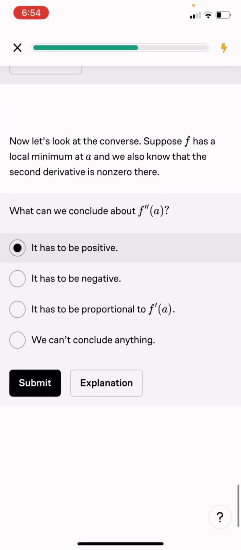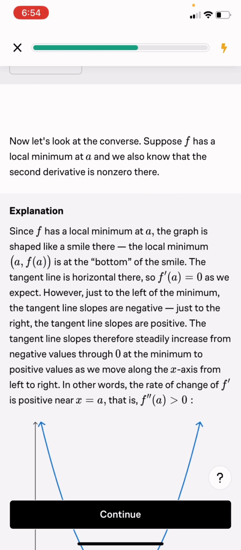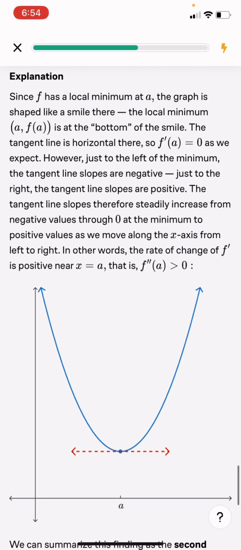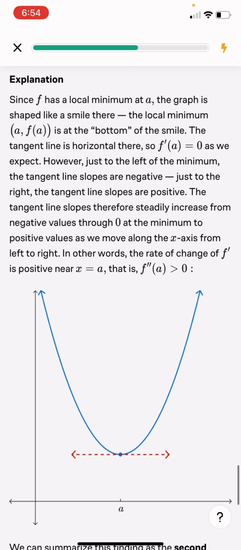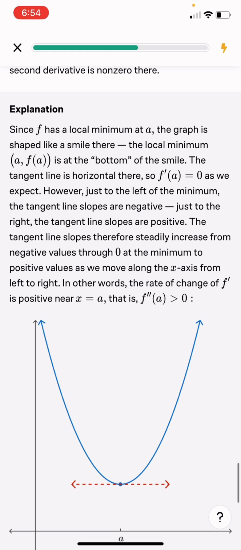The tangent line slopes therefore steadily increase from negative values through 0 at the minimum to positive values as we move along the x-axis from left to right. In other words, the rate of change of f prime is positive near x equals a, that is, f prime prime a is more than 0.